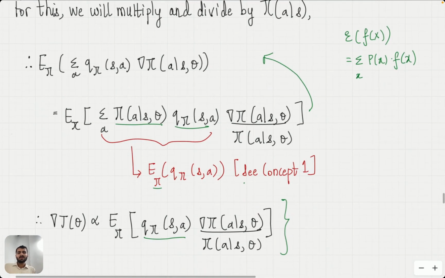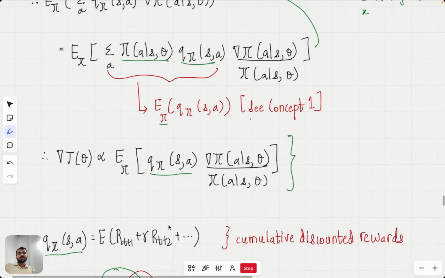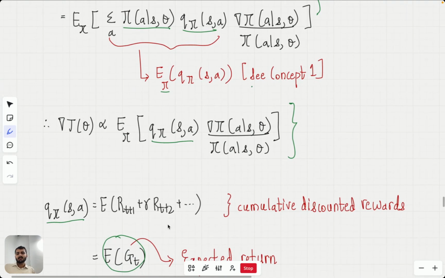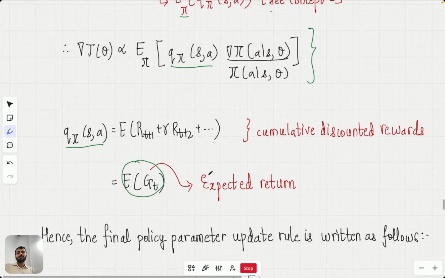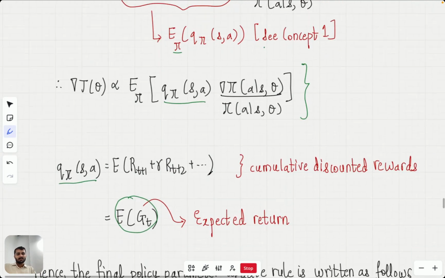So when we approximated over summation of actions, this pi into q pi got absorbed as q pi, and then we looked at, if you take a Monte Carlo return, the expected value of that Monte Carlo return is the action value of that state and action pair. So you replace this expected value of q pi of s comma a by the expected value of g of t, and then this is how the policy parameter update rule can be written.